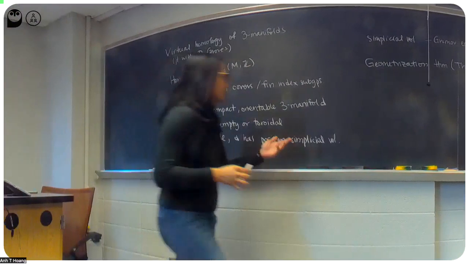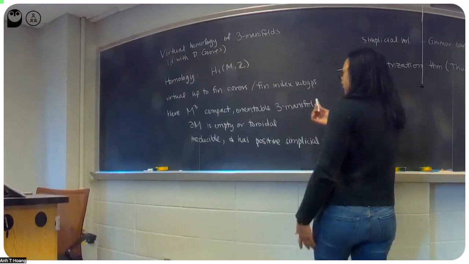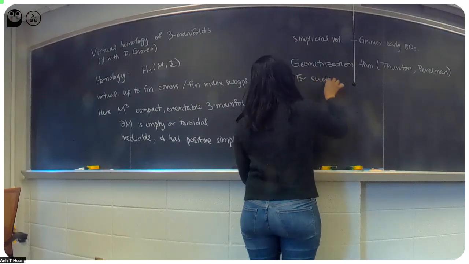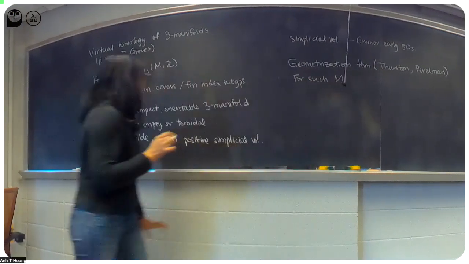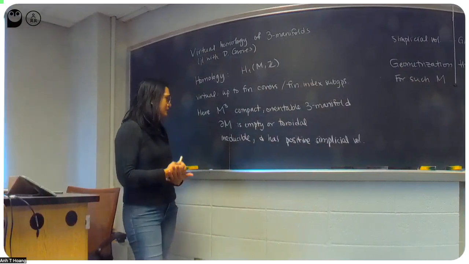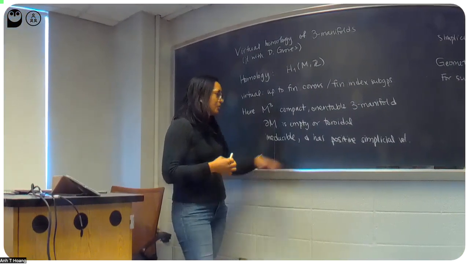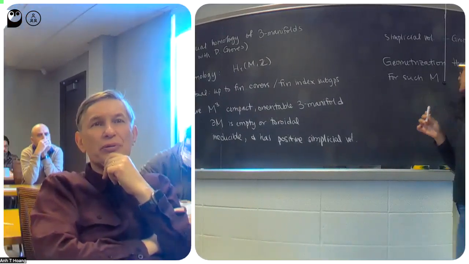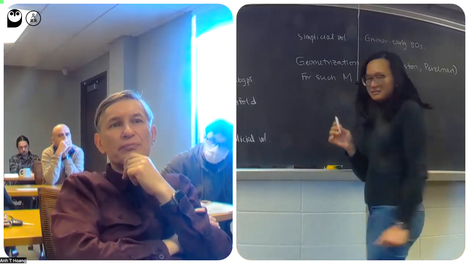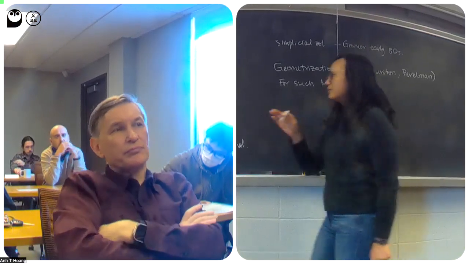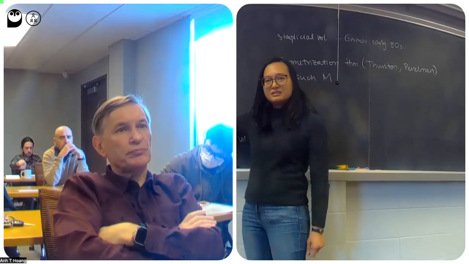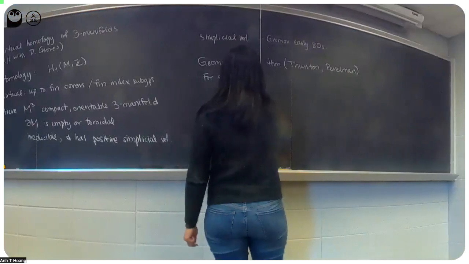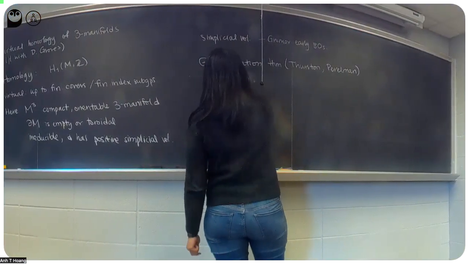And what geometrization says is that if you have such a three-manifold, so for such M, here again I'm assuming it's compact, orientable, irreducible. Oh, I'm not assuming this part. Sorry. You're assuming it's closed. Yes, but you can still say it for compact when the boundary looks like this. Oh, you're right.